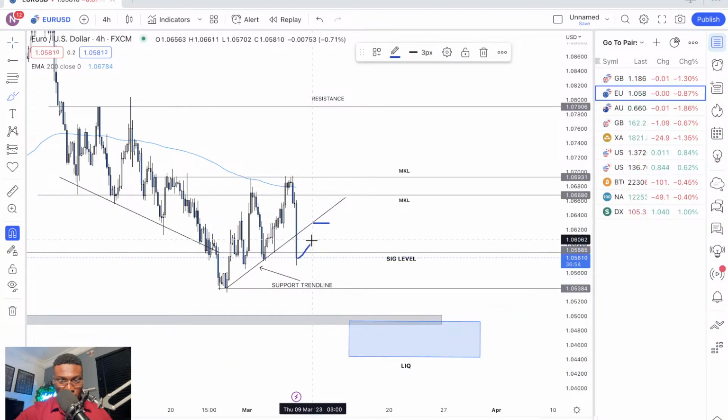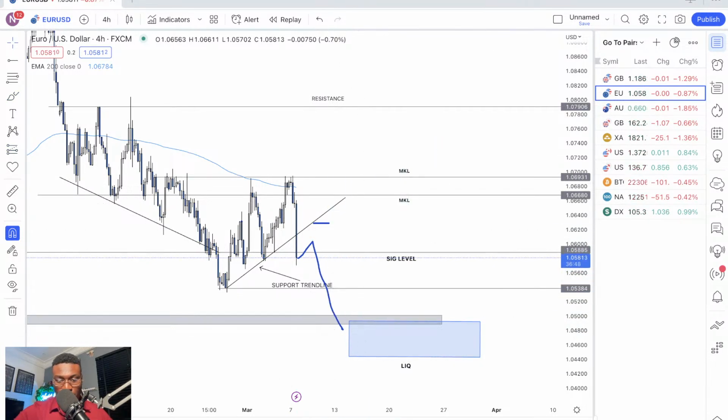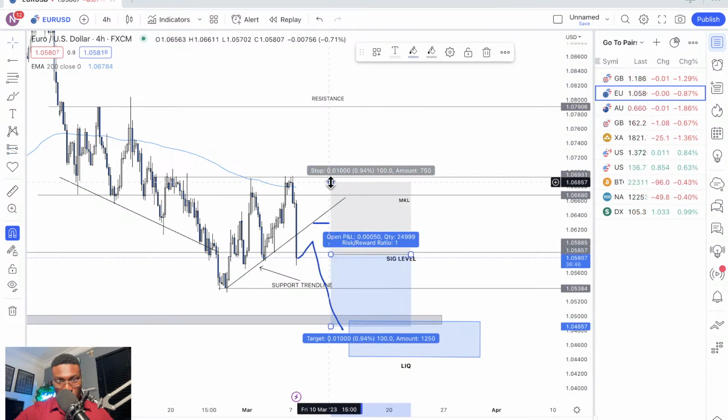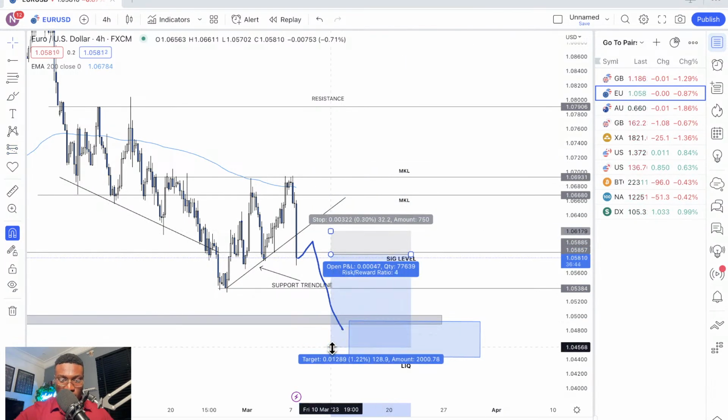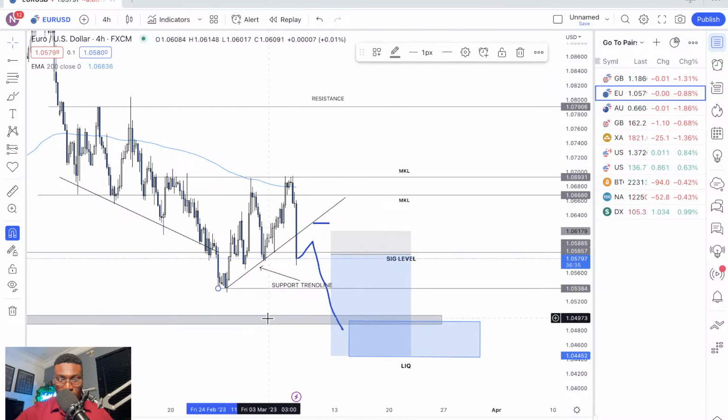It can be any of these levels to the downside. So you can capitalize on this move. Oh, that's a bullish one. You can capitalize on this move and use multiple targets, or maybe 3 targets. You can take one here.